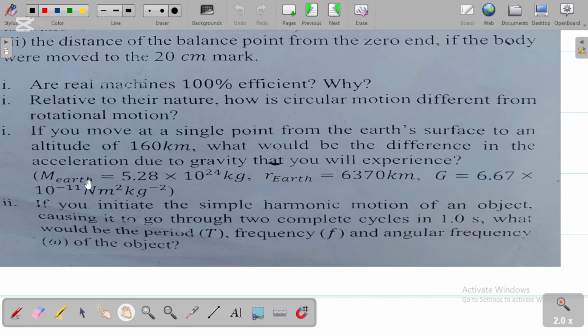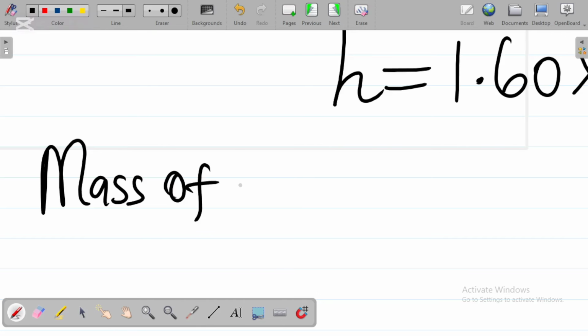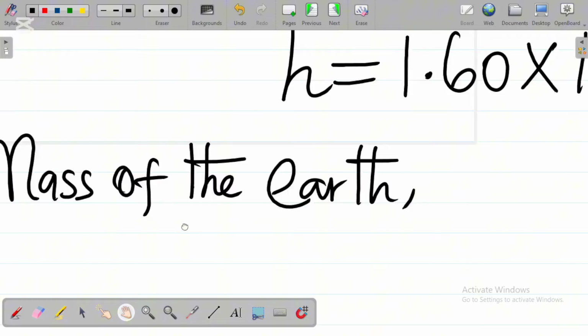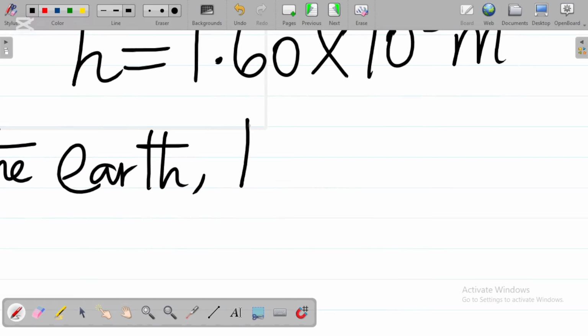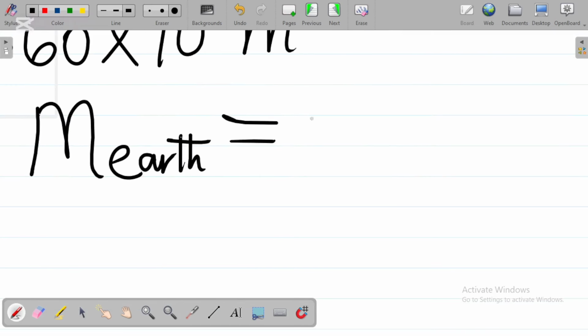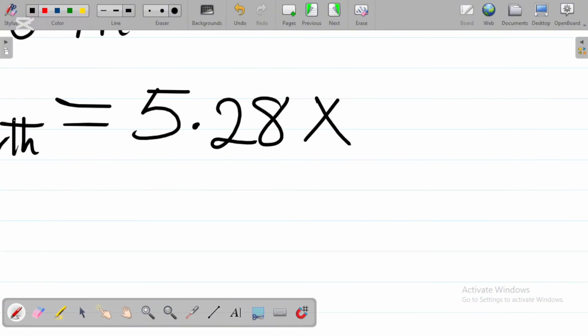The mass of the Earth, mth, is equal to 5.28 multiplied by 10 raised to the power 24 kg.